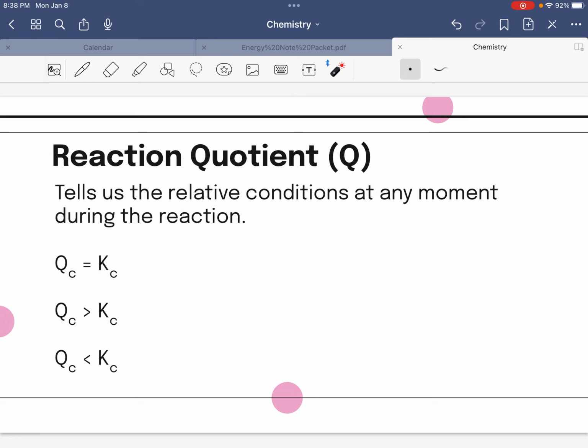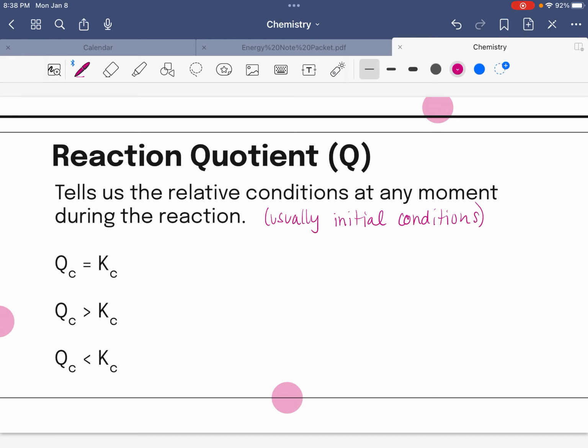Generally when we are calculating the reaction quotient Q, it's going to give us initial conditions, like initial concentrations or initial partial pressures, and then we determine which way it goes.